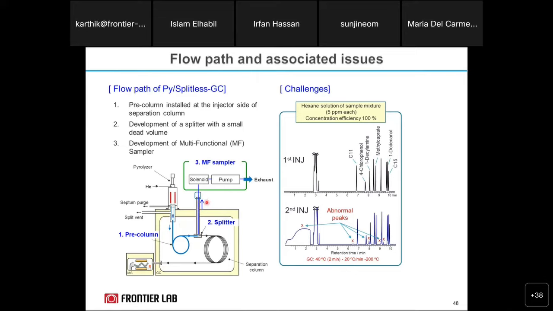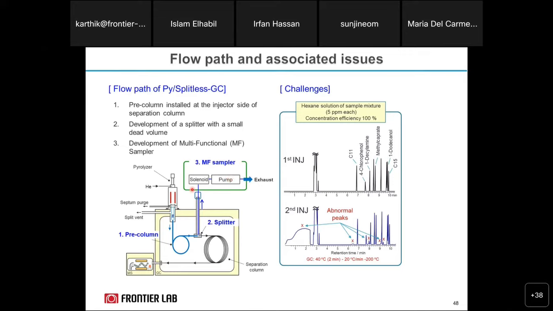So how is this helping? We have this pre-column. This is not a deactivated column; it has some coating. That means it is more like a pre-concentrator. What happens is you keep the injector in split mode, and at the same time we use this suction pump and set the flow rate to 10 to 20 milliliters per minute.